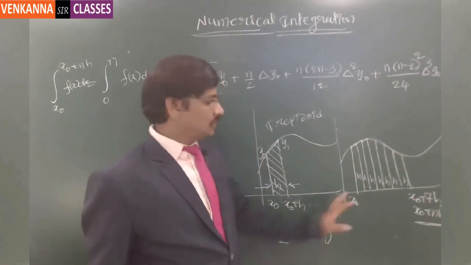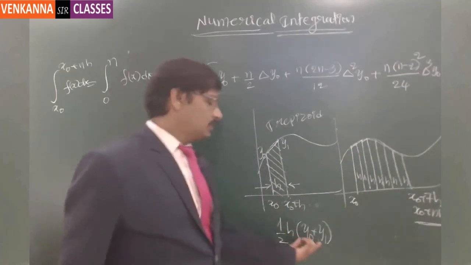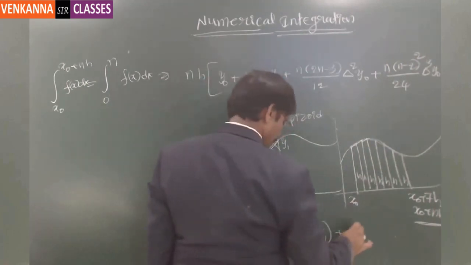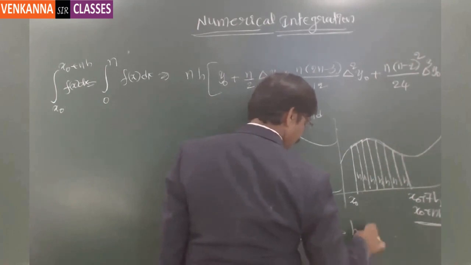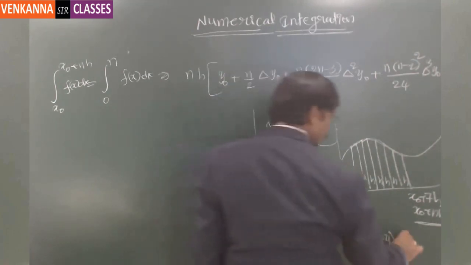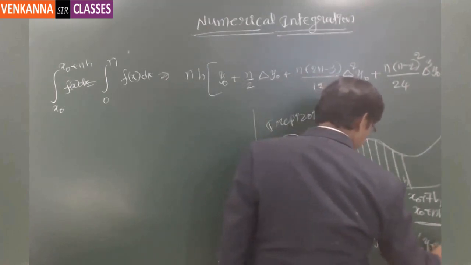Got it? This is what we call the trapezoidal rule, and for the first strip this is the area. For the second strip, it is h by 2 times (y1 plus y2), and the third strip is h by 2 times (y2 plus y3).